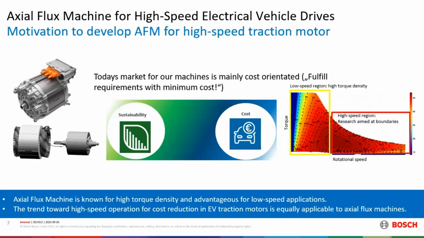Axial flux machines already have a solid reputation for high torque density, meaning that to generate the same amount of torque, they require less material, which means cost effective. But still, there is a gap in our understanding of their characteristics in the high-speed region.